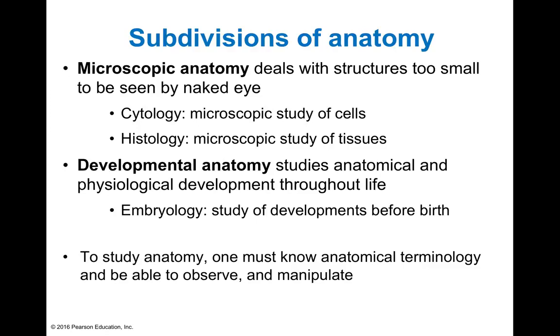When we're looking at cells within microscopic anatomy, we refer to that science as cytology. Cyte implies cell, and the ology part basically means the study of. And histology, anytime you hear it, and we will discuss some in more detail when we do labs, refers to the study of tissue.